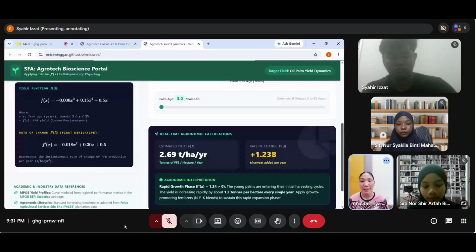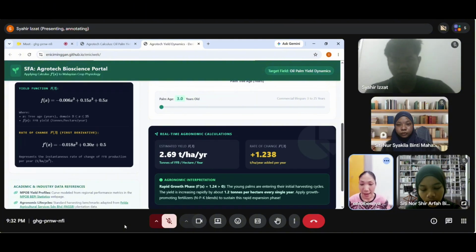Now the test of the three conditions. Just like in the graph, if f prime of x is more than 0, like our example of 1.7, it is still going up and the tree is growing well. If f prime of x equals 0, it is at the highest point. This is the best age for production.